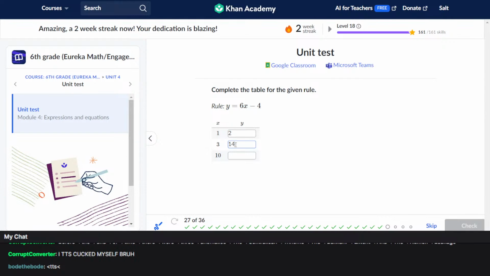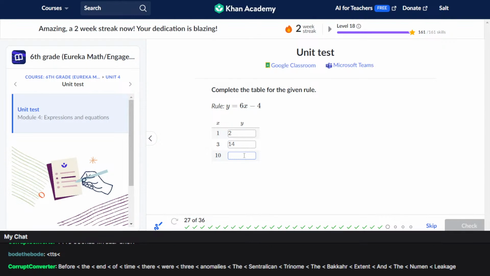Bodefi Bode says. 60 minus 4. Corrupt Converter says before.